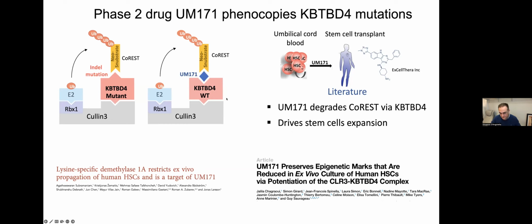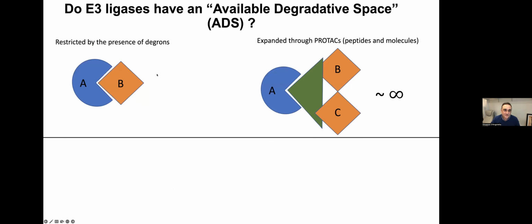So thinking a little bit about this process and the analogy between this small molecule and mutation, I came up with an idea that I hope stimulates a little bit of thought in the field. I hypothesize that most probably E3 ligases have a limited available degradative space.